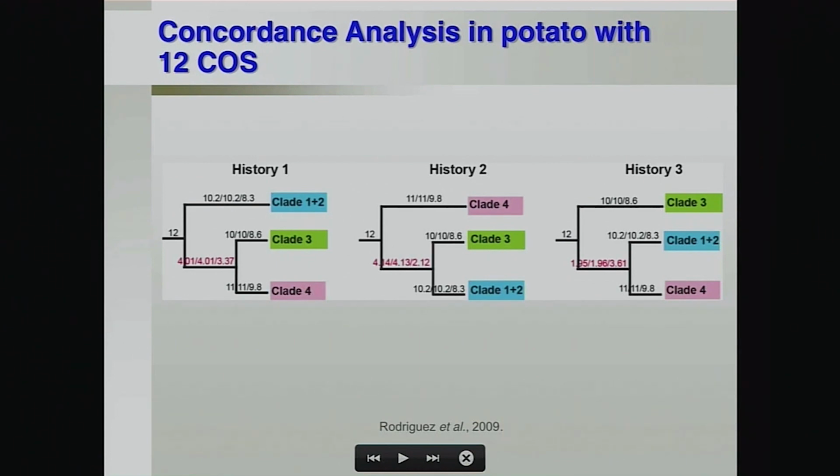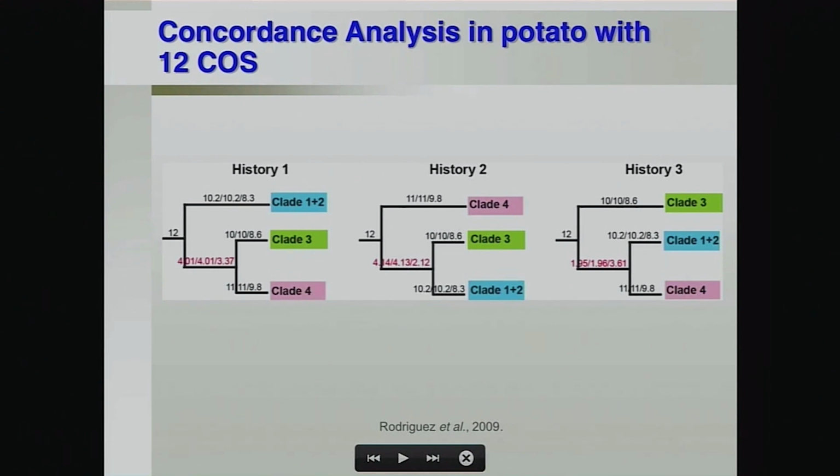Okay? So what do you think is happening here? What is going on? It can be incomplete lineage sorting, it can also be that the number of genes is not enough, okay? And we were thinking that 12 codes are not enough for potatoes.